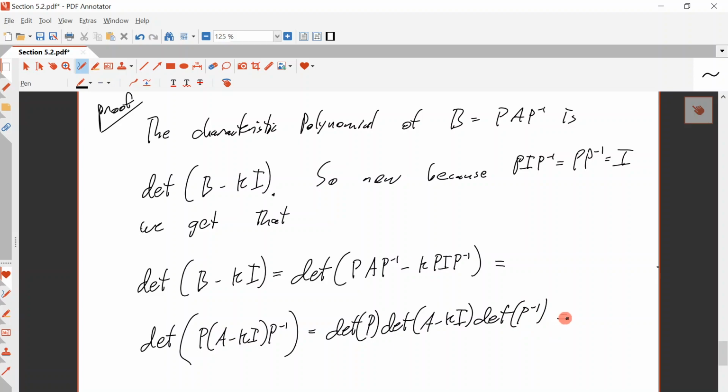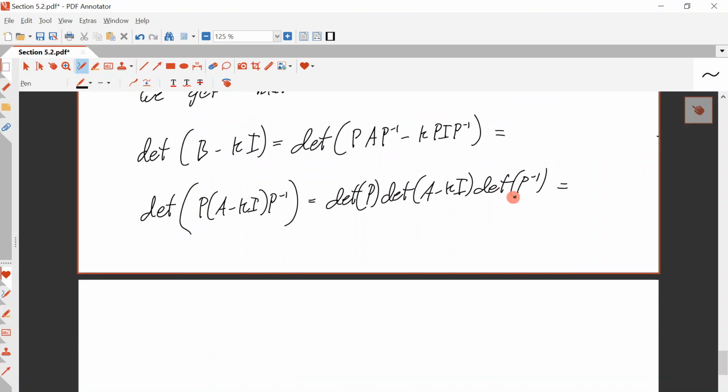Determinant P inverse. All right, but the determinant of P inverse is 1 over the determinant of P. All right, so those guys cancel, because multiplication is commutative, you can do that.